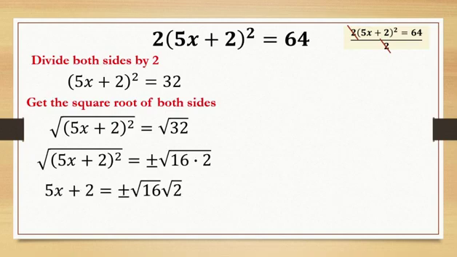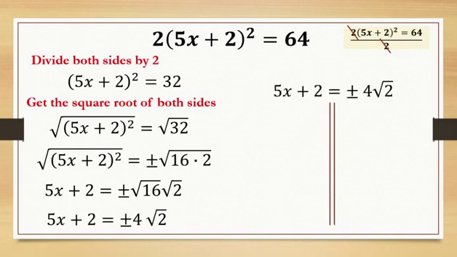So, we now have 5x plus 2 is equal to positive or negative square root of 16 times square root of 2. So, since si 16 ay perfect square, pwede natin siyang ilabas. Magkakaroon tayo ngayon ng 5x plus 2 is equal to positive or negative 4 square root of 2.